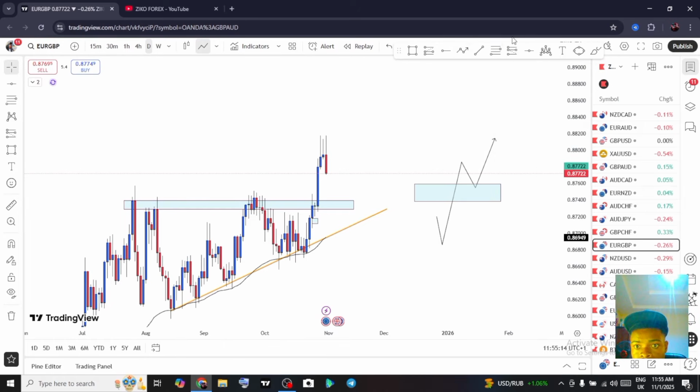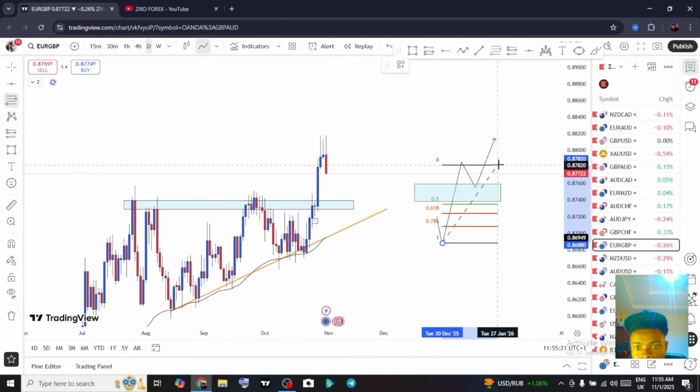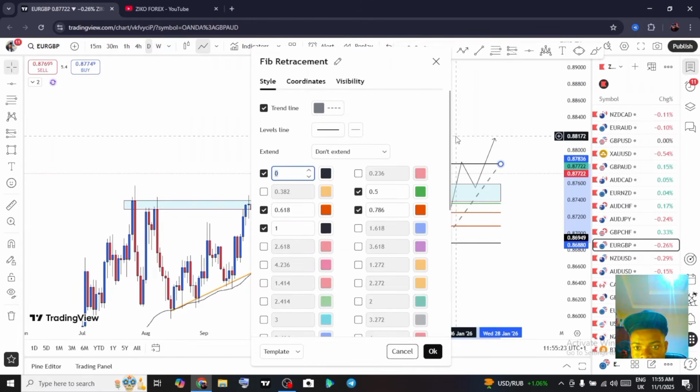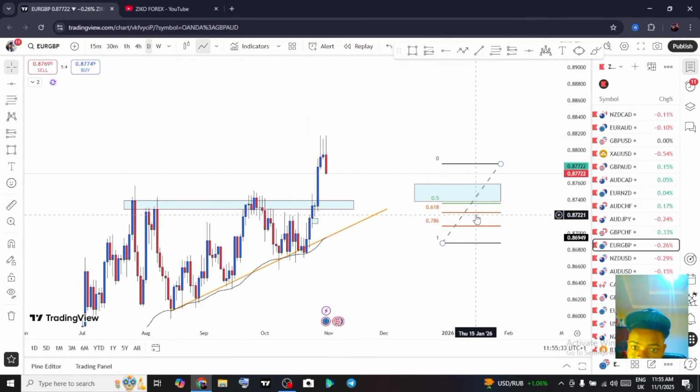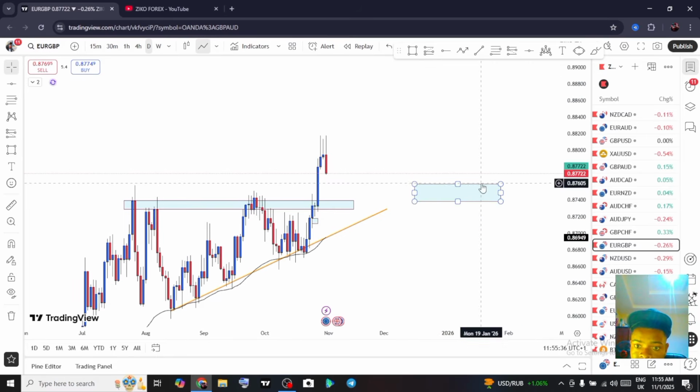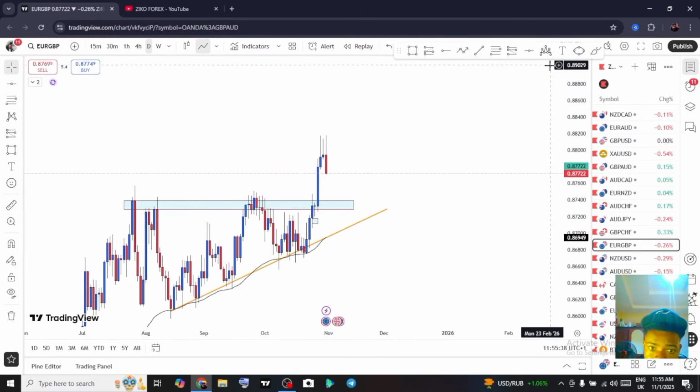Sometimes if you're using the fib and you draw from low to high, you can clearly see that the area of interest is not around this level. The area of interest is higher. I don't know whether you guys are understanding me, but I doubt it, by the way. So let's just continue. I know what I'm doing.